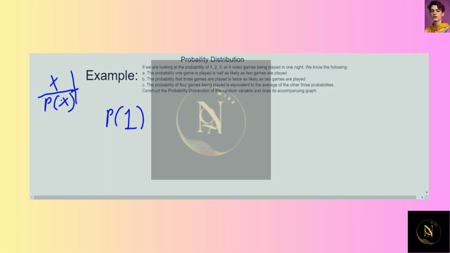So we can put in that the probability of 1 being our value of x is 1 in order to denote what's happening with the information that we're being provided with. So the probability that one game is being played is 1/2 as likely as 2 games are being played. So probability of 1 equals 1/2 probability of 2.